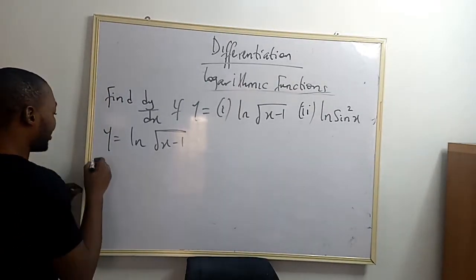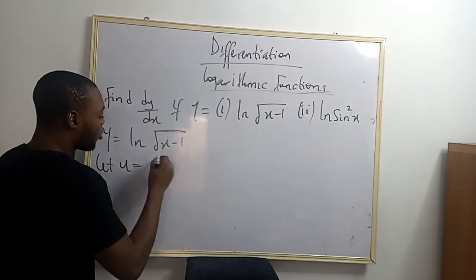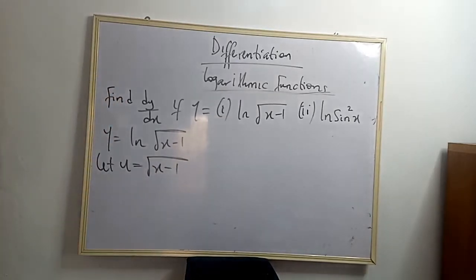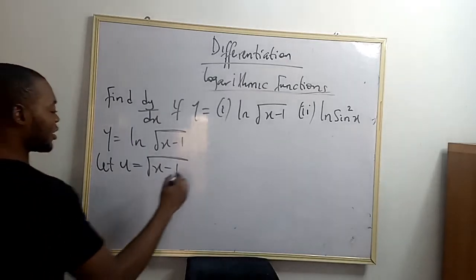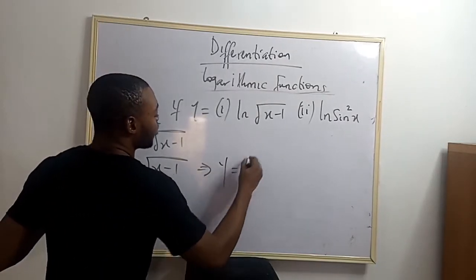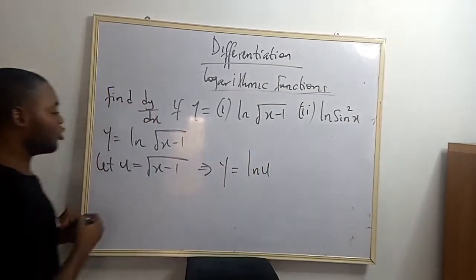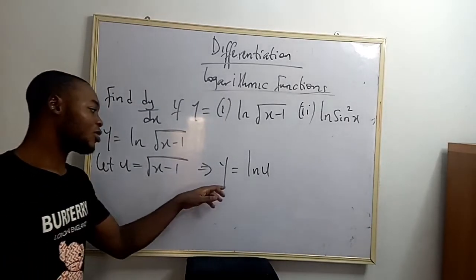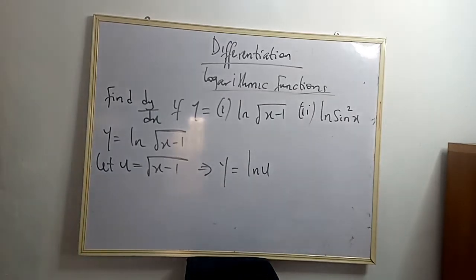First, we say let u be equal to square root of x minus 1. So that implies y will be equal to what? ln u, right? y will be equal to ln u. So first we find, remember, chain rule.